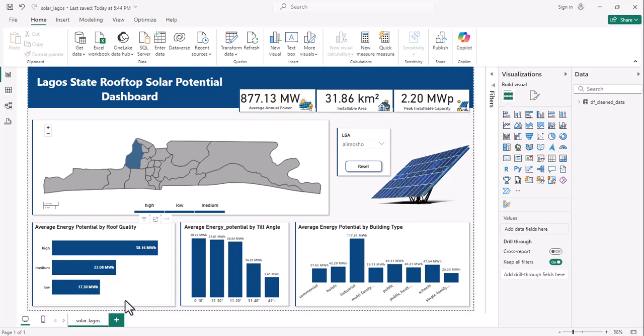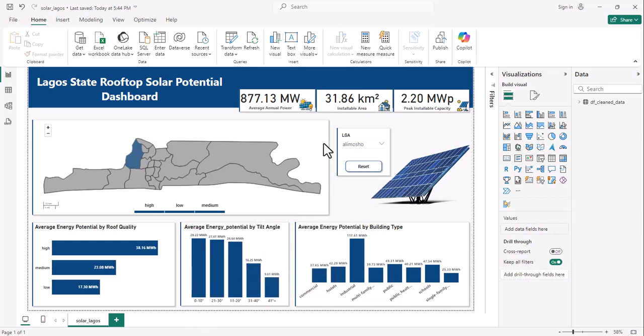All these values are annual average values that we can generate from all those places. Likewise, I found out that the energy generated also correlates with the tilt angle of the roof, that is, how bent the rooftop is. If the rooftop is in the range of 0 to 10 degrees bent, it has higher energy potential.